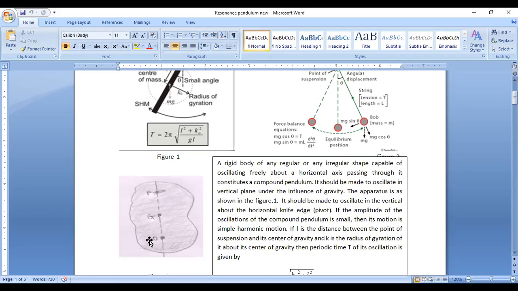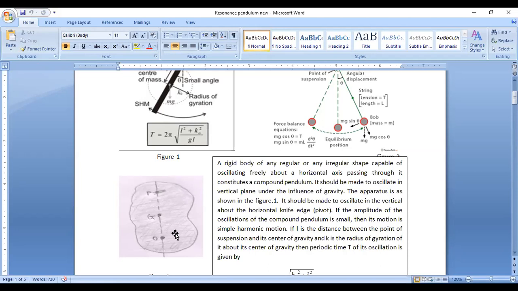Here you can see the figure. You have a rigid body suspended from the point P, and you can imagine a horizontal axis passing through the point P. So I would say your rigid body is pivoted with respect to the point P. This is the horizontal axis passing through the rigid body.